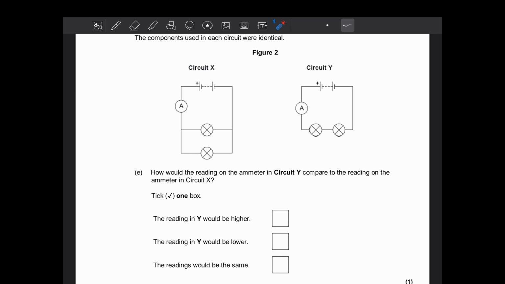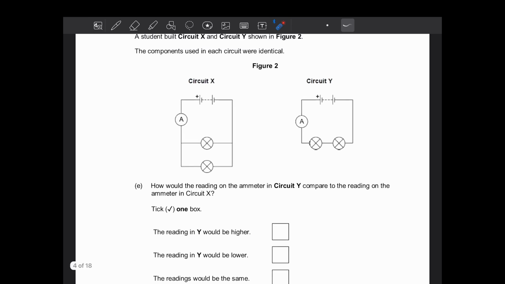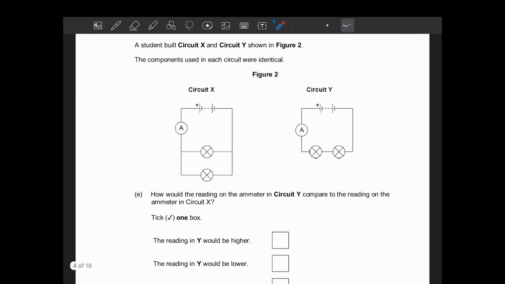So the trick to this is you need to calculate the total resistance of each circuit. And to do this, you need to remember that since the components used are identical, we can just assign any random value of resistance to these bulbs to come up with an easy set of calculations. So I could say each bulb carries a resistance of 2 ohms.